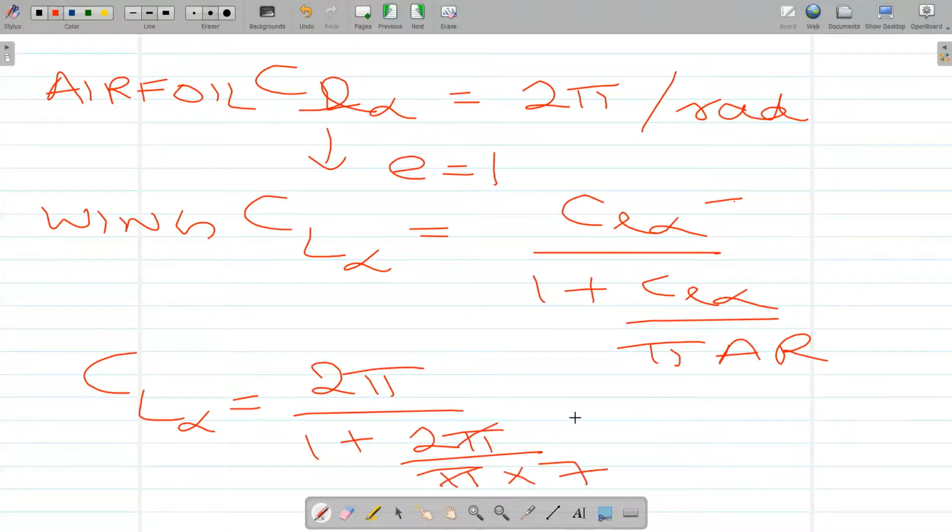So I can cancel out these terms, and my CL alpha would turn out to be around 4.88 per radian, which is definitely much lower than 2 pi, right?